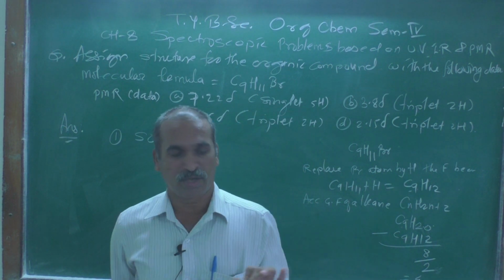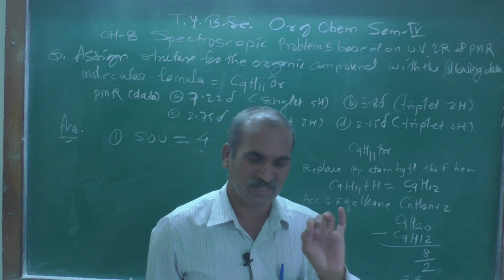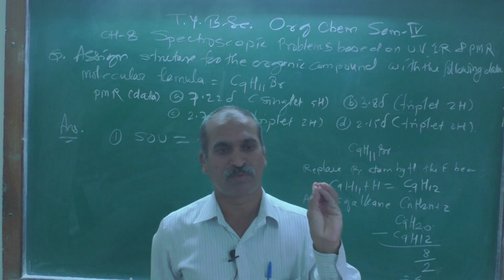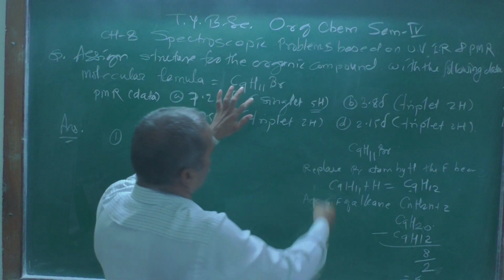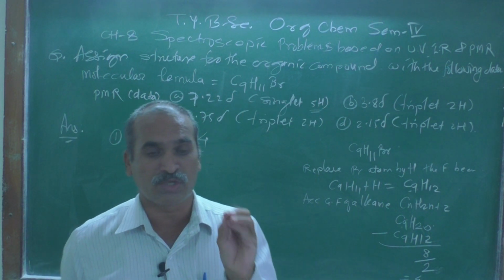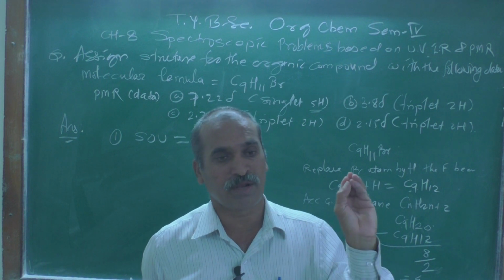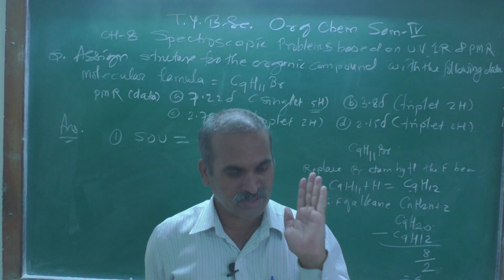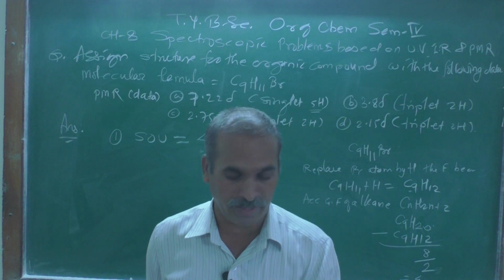The de-shielded proton here, around 7 point something, is an aromatic proton. Here 5 protons are there, and these 5 protons also give us the idea of a monosubstituted benzene. Logically you have to think in this way.